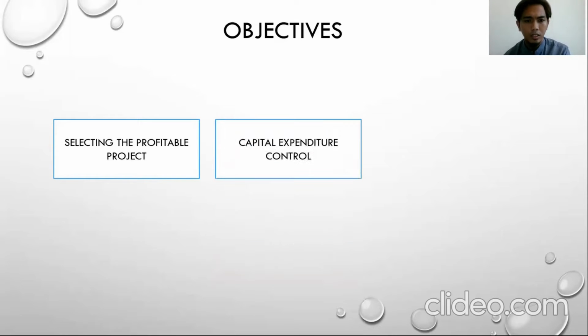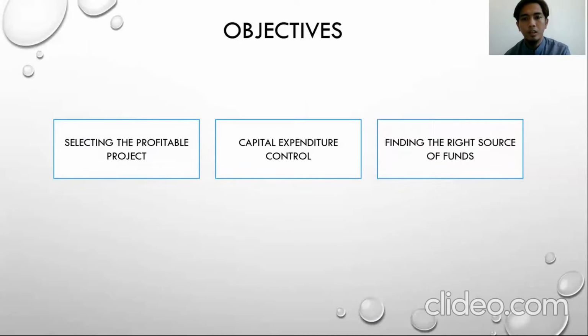The next is capital expenditure control. This objective is to control the capital cost. Next is finding the right source of fund. This objective is to strike a balance between borrowing cost and investment return.